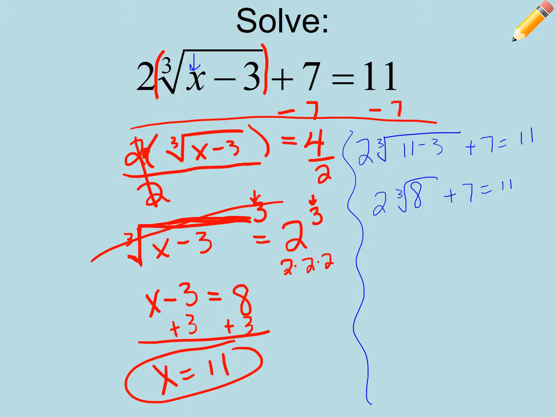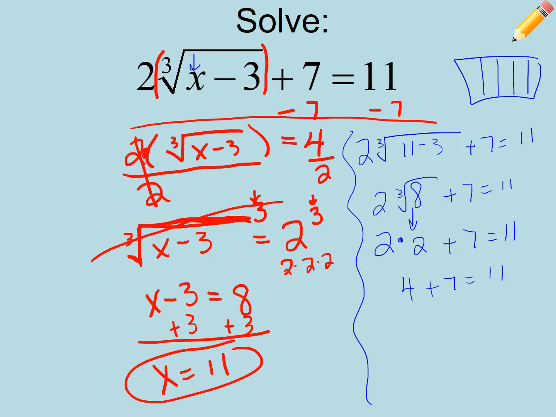And the cubed root of 8, if you use that perfect table of our squares, cubes, fourths, fifths, we know that the cubed root of 8 is 2. So that outside 2 is getting multiplied by 2, plus 7, equal to 11. Well, 2 times 2 is 4. And the question is, 4 plus 7 equal to 11? And the answer is yes. So yes, x is equal to 11 on my number 1.